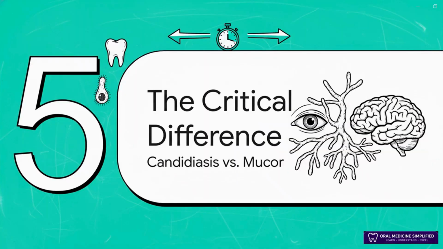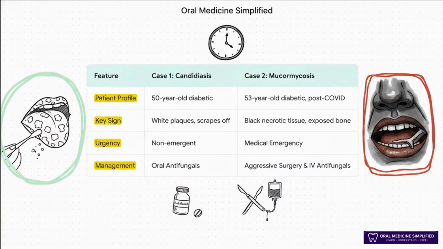Now let's bring both cases together, because this distinction is what defines a clinician. At first glance, they look similar, both diabetic, but the second case, it had COVID-19 trigger, a critical divergence point. Now the lesion. One, white, scrapable, superficial.